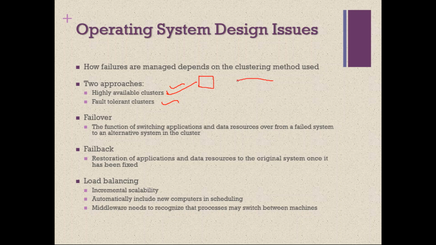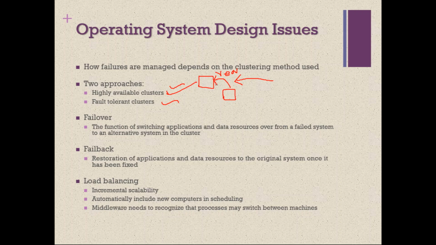Say the client places one request and that request is partially processed by the server. Meanwhile, the server fails. Now obviously the secondary server will take over, but for taking over it may also take some time, at least some milliseconds or seconds.